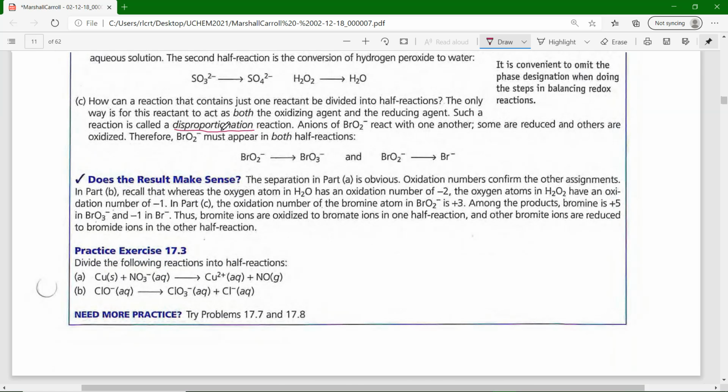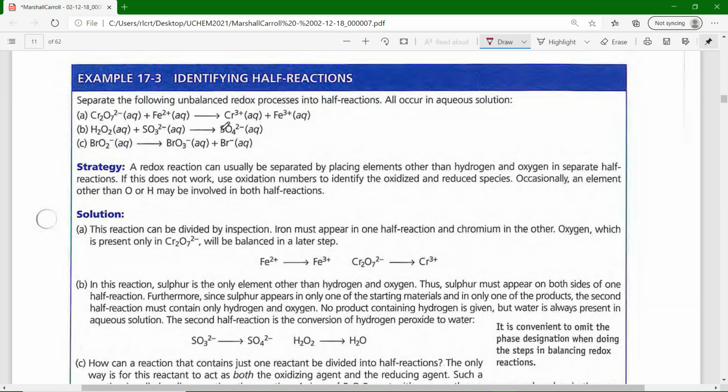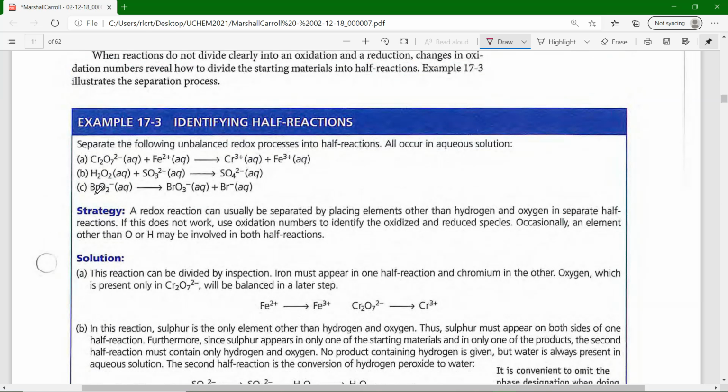Looking at BrO2 minus, you might say, how can I separate this into an oxidation half reaction, which I call an OHR, and a reduction half reaction, when there's only one thing on the left? Well, when we balance it, there's going to be more than one thing on the left. So some of the BrO2 minus are going to be oxidized to form BrO3 minus, and some are going to be reduced to form BrO minus, right?